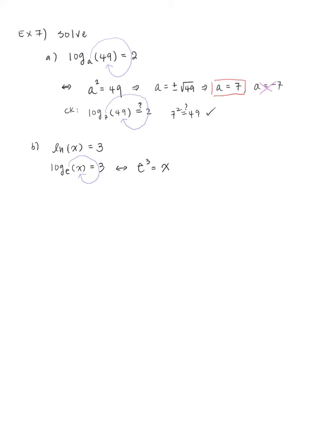Now remember, e is a number, so e is approximately 2.7. So here, we're done with the problem. So basically what we're going to get is our x value is going to be this crazy decimal value of e to the third. So this is all we got to do.